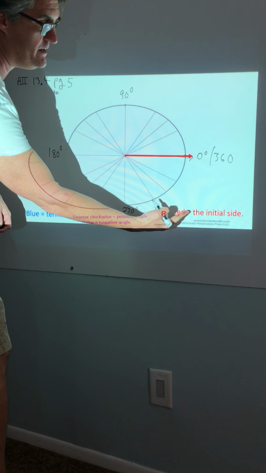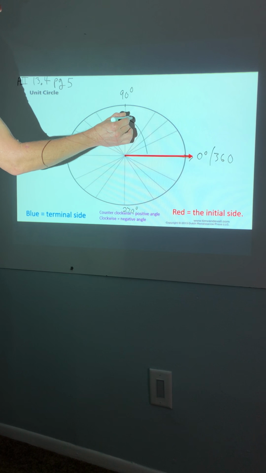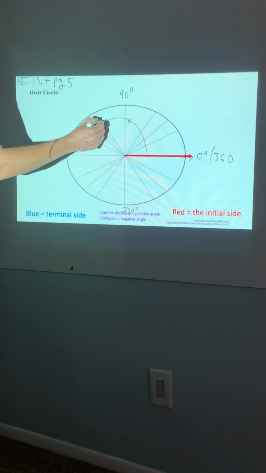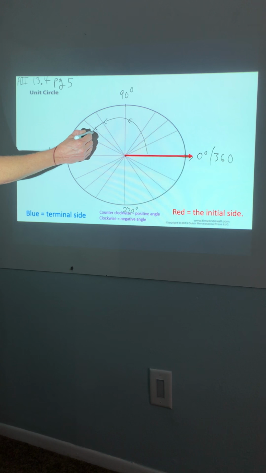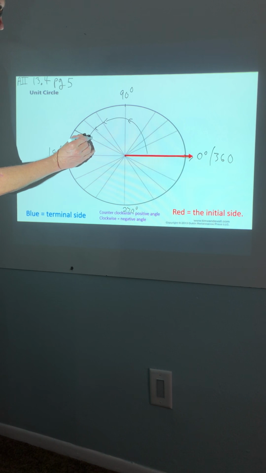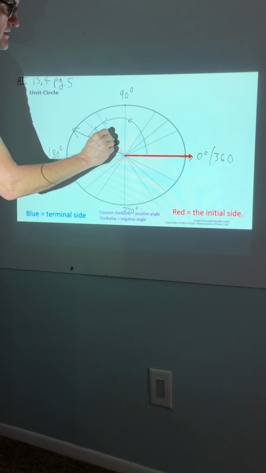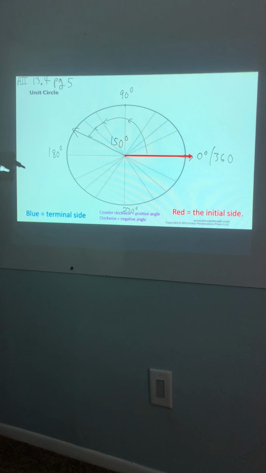You already know this is 90. Then 30 more is 120, then 15 more is 135, and then 15 more right here, and you'll draw the terminal ray, and the answer is 150 degrees.